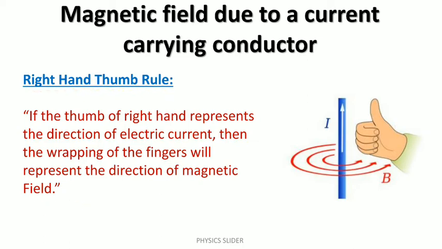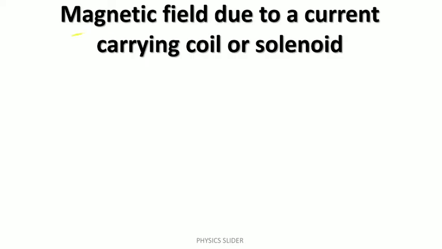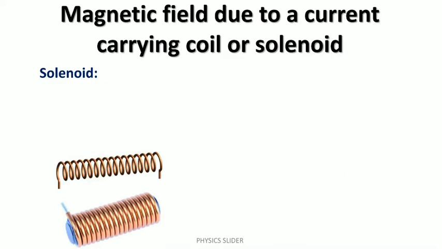Now moving ahead, we have magnetic field due to a current carrying coil or solenoid. So watch here. Let's talk about solenoid. What is a solenoid? We have converted an insulated copper wire in form of a cylindrical spring like this, or we can wrap it over a material like this.